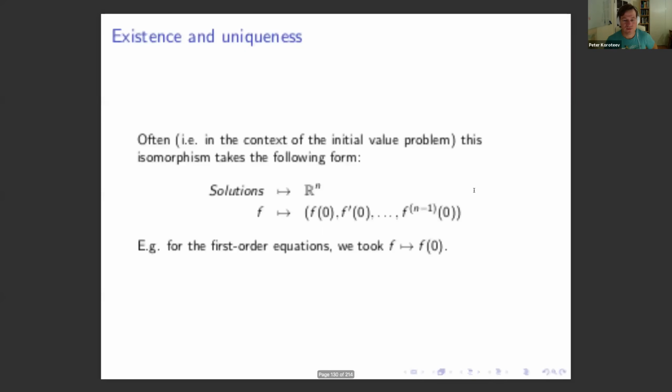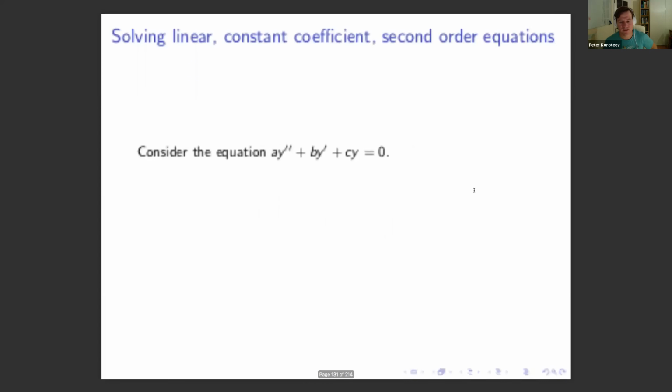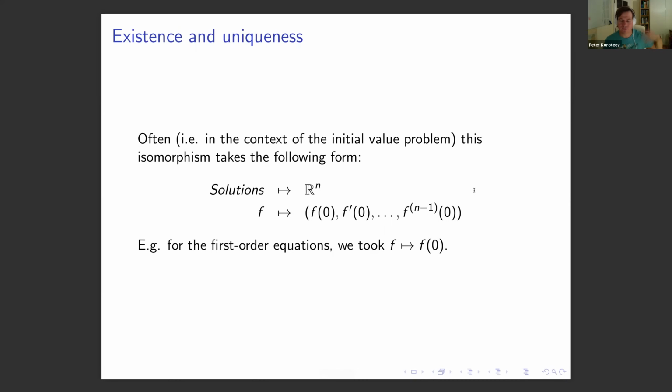So for first order equations, f goes to f of 0. For second order differential equations, f goes to (f of 0, f prime of 0), and so on. So the various derivatives, first derivative, second derivative, etc., up to the n minus first derivative, are naturally associated with the coordinates in the n-dimensional space.